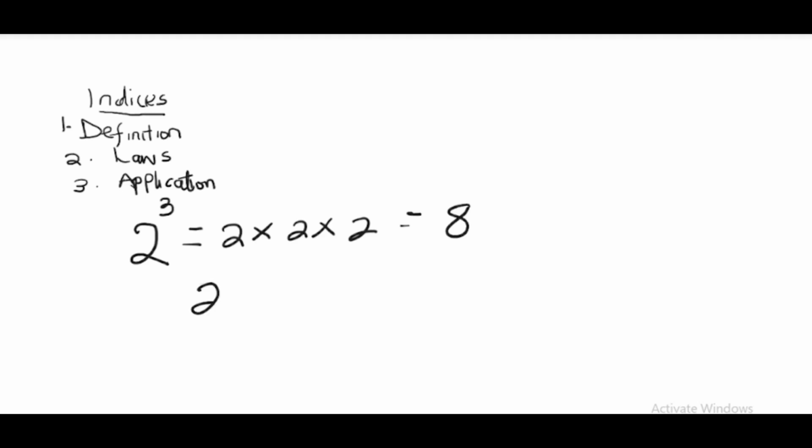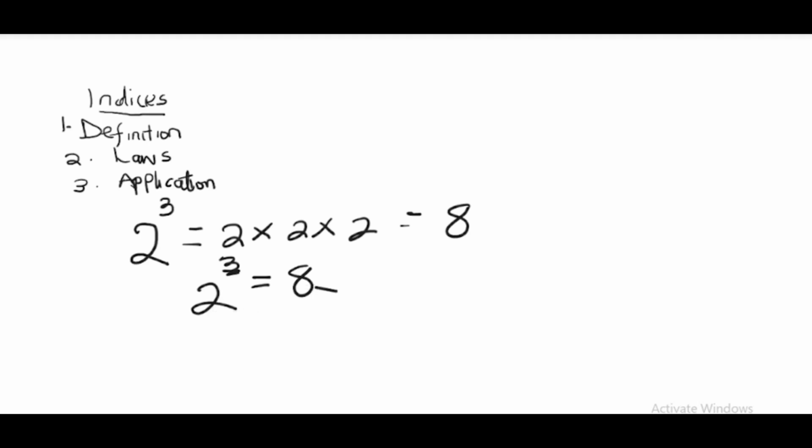So 2 raised to the power of 3 is equal to 8. Now, indices is actually saying how many times 2 has to multiply itself to give us 8, and that is 3 times. So rightly put, indices is the number of times 2 has to be multiplied to give us 8.